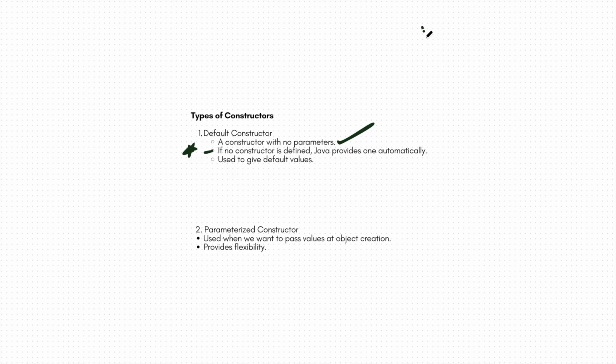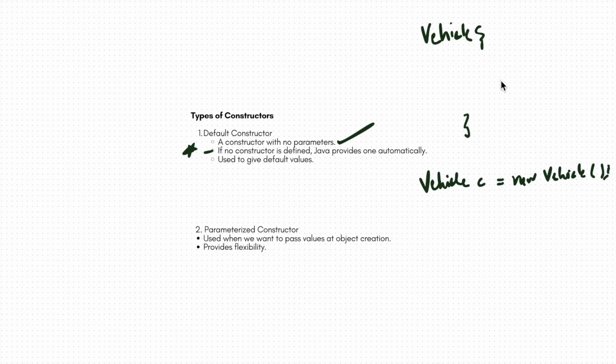For example, I had the class Vehicle, and I do not define any constructor inside this. Now even if you do Vehicle car is equal to new Vehicle, this will still work because Java will define a constructor automatically.